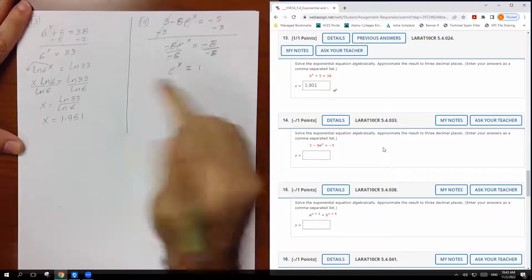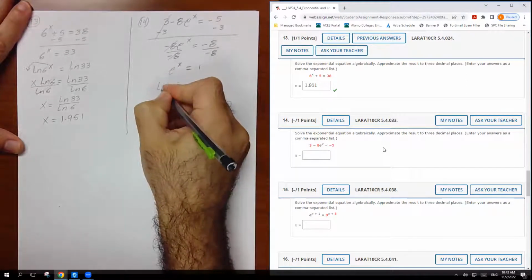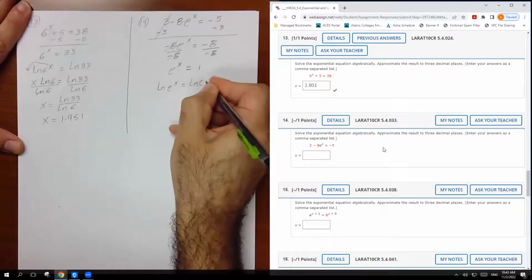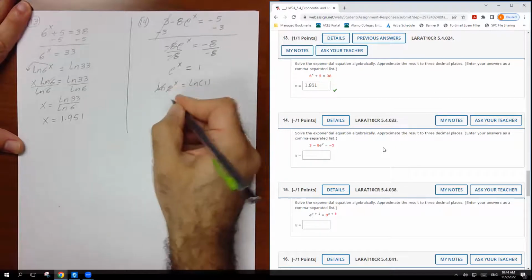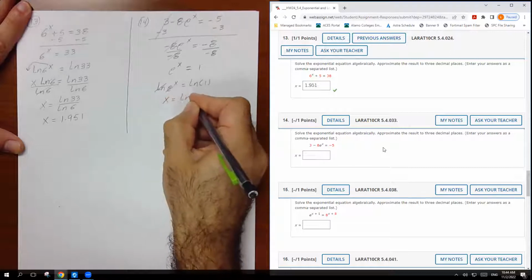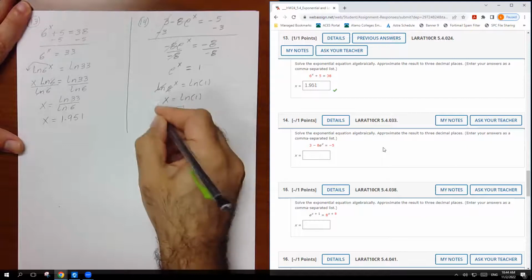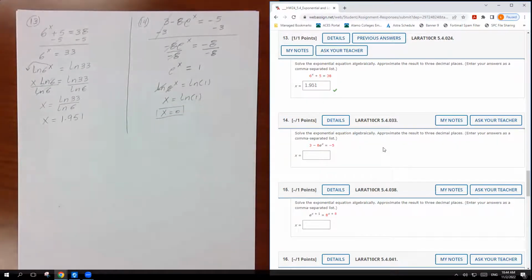If x equals y, I can take ln. ln e to the x equal ln 1. Cancel these. So x is going to be equal ln 1. That means x equals 0, because ln 1 equals 0. So here we're just going to type 0 for this example.